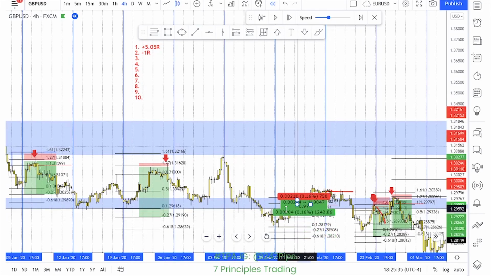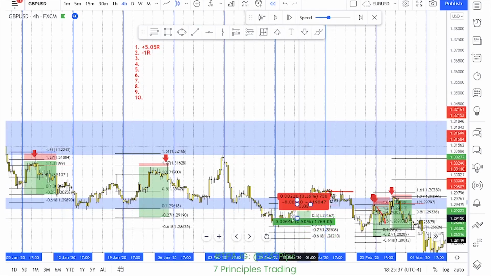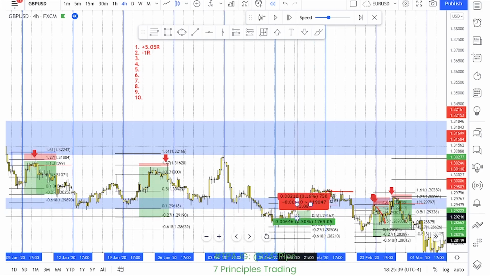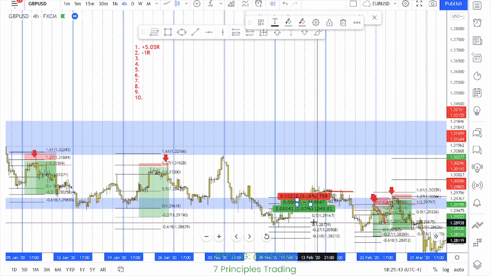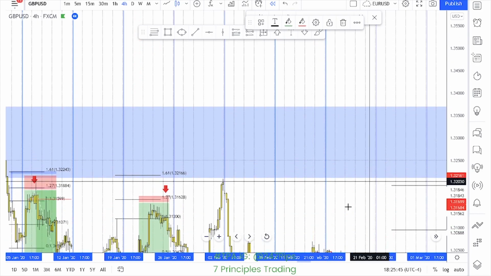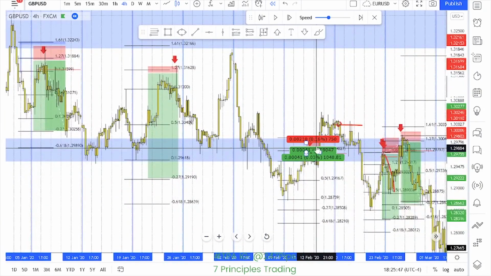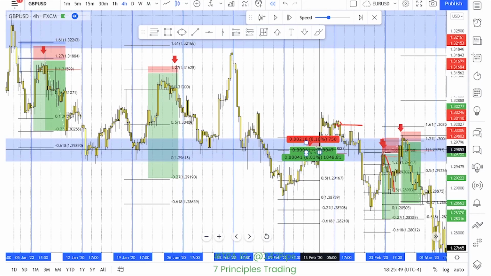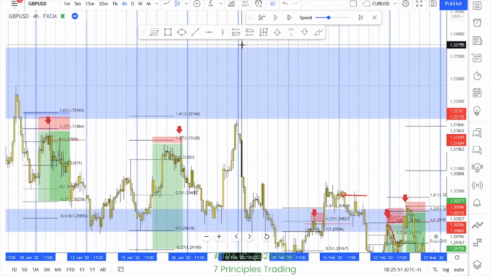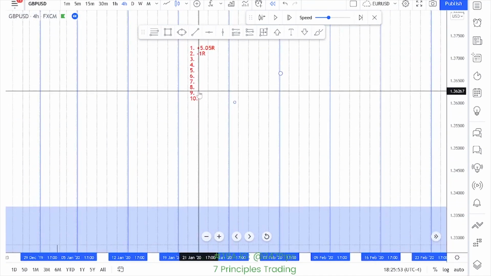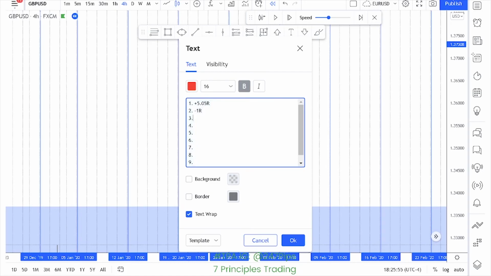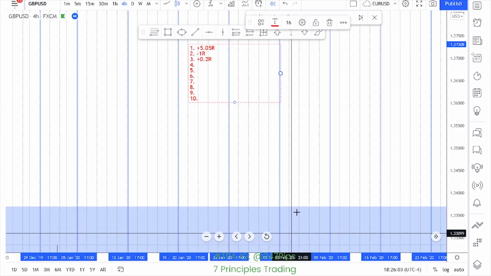And if I can just make the math exact as to where our stop loss was. Okay, so right there, we got just about 0.2R on this.